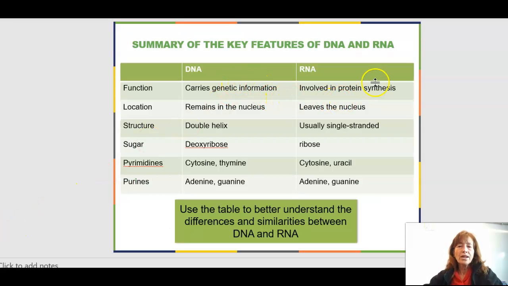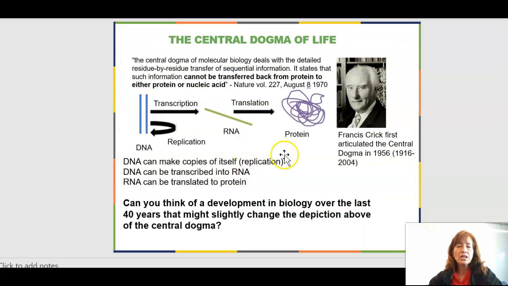This table I pointed out to you before is just comparing the difference between DNA and RNA. And then finally, the thing that I've talked about a few times, and this is a nice view of it again, is the central dogma of life. That is the idea that DNA has the copy to all of the stuff that makes us, but it gets converted into RNA, and that RNA gets converted into proteins.